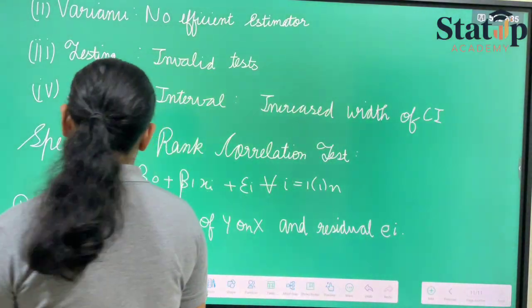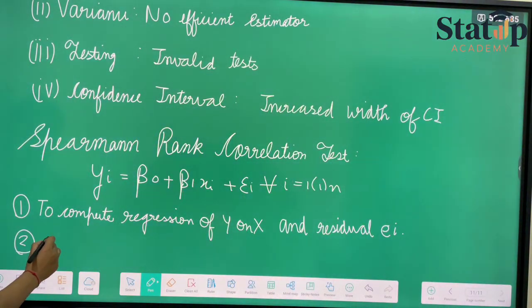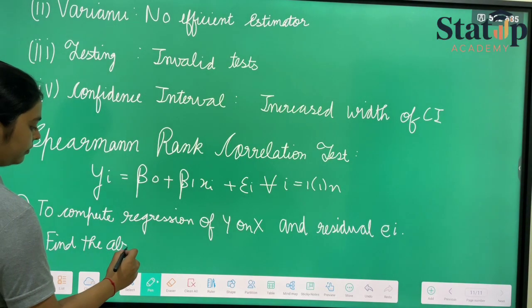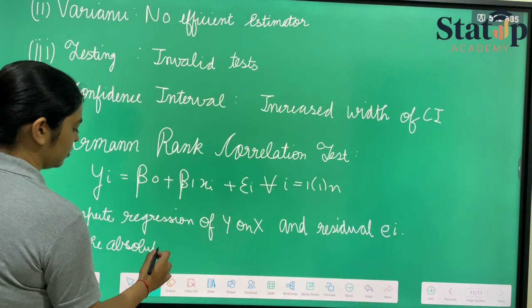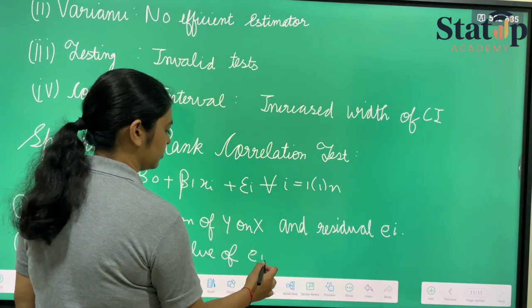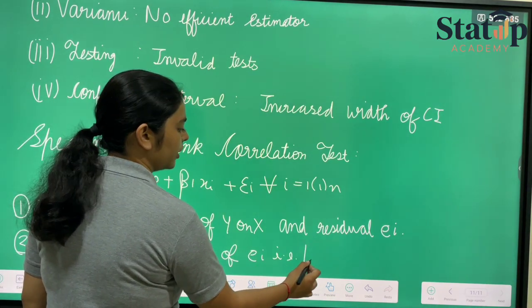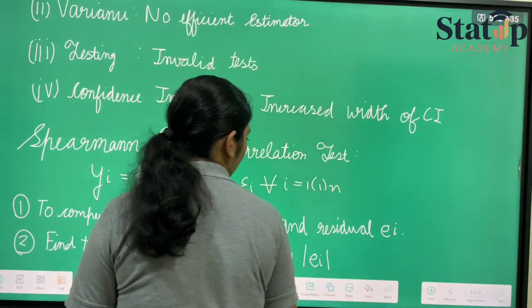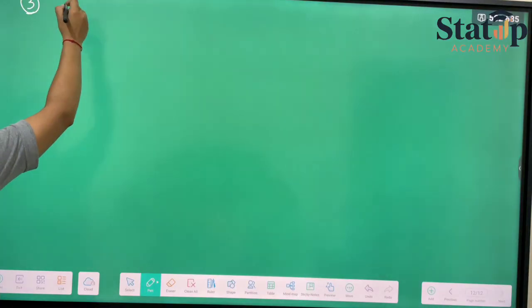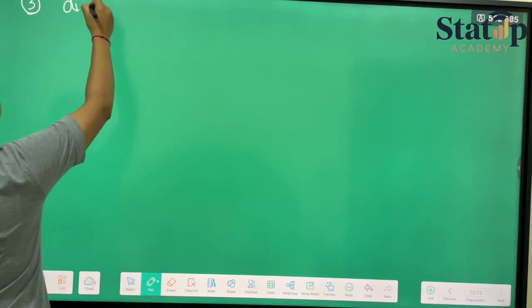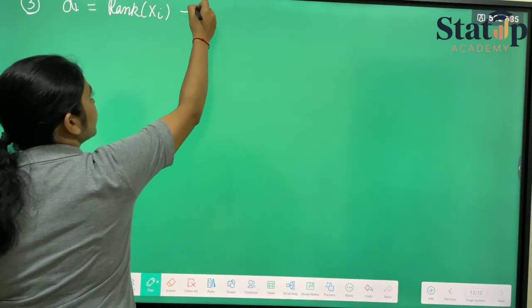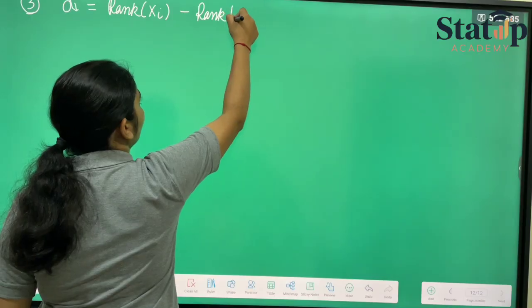The second step was to find the absolute value of ei, that is the mod of ei's. The third step was to calculate di, which is nothing but the rank of xi minus the rank of modulus ei.